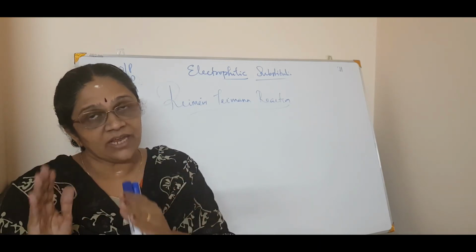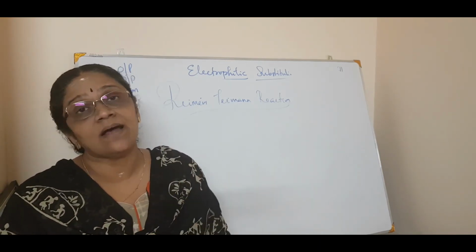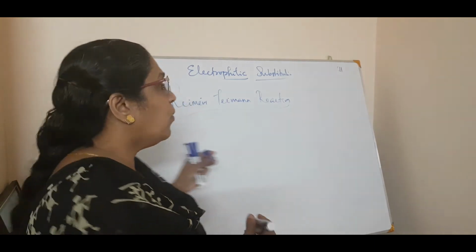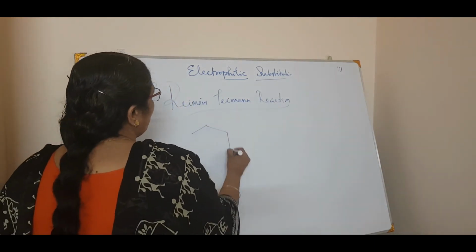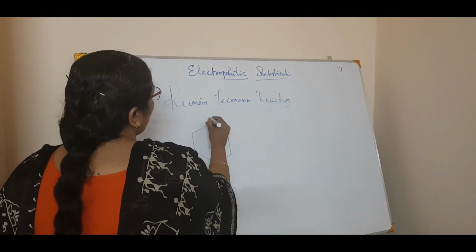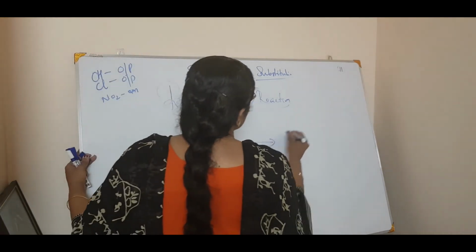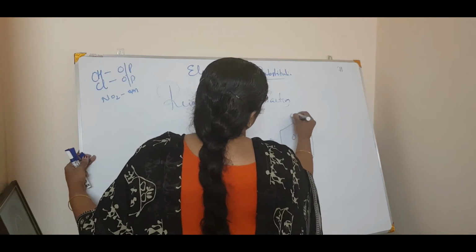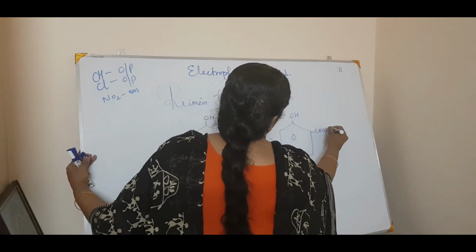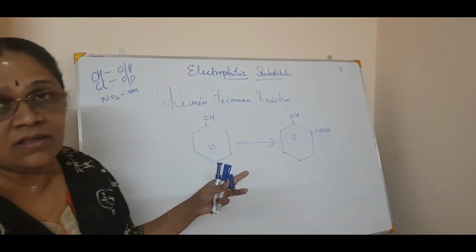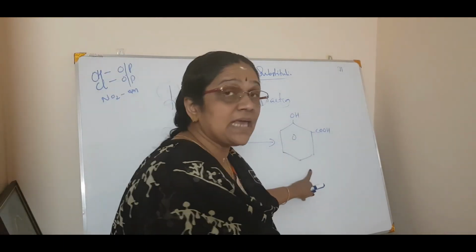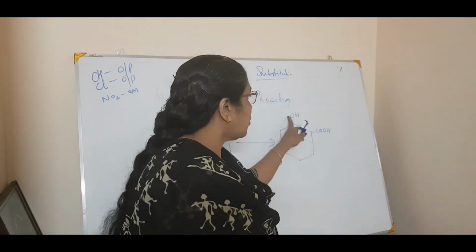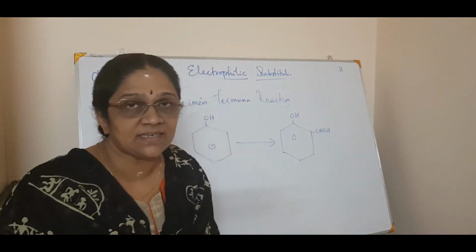Converting phenol to salicylaldehyde. Now, what is phenol? You know, phenol is like this, OH. Now, you have studied in the above reaction, that is OH and COOH, that is Kolb's reaction. There you got salicylic acid, isn't it? That means orthohydroxybenzoic acid.